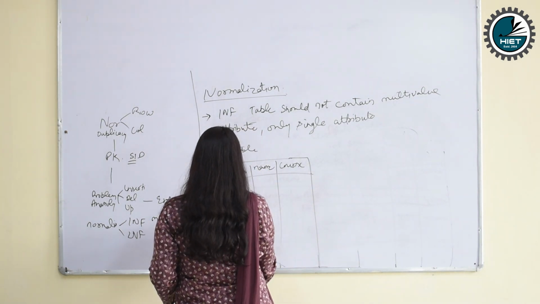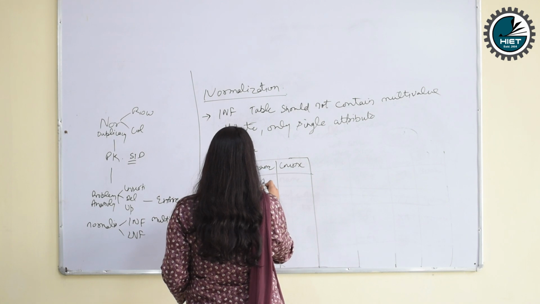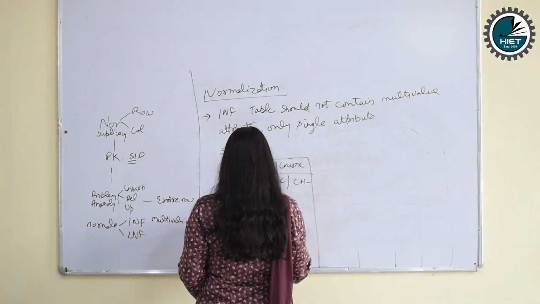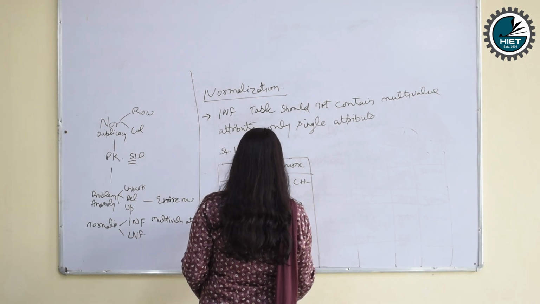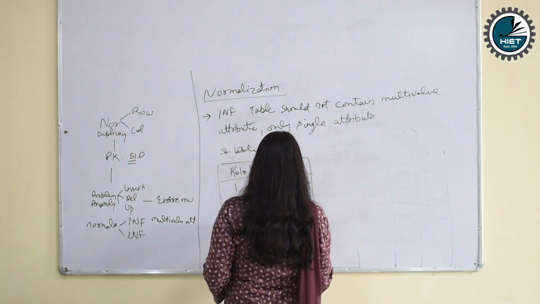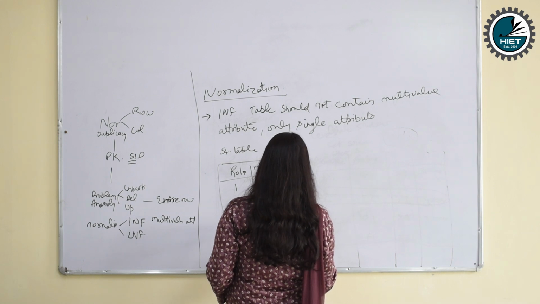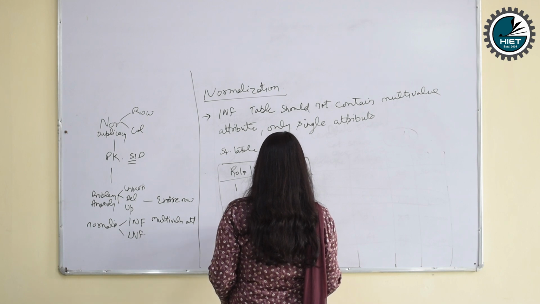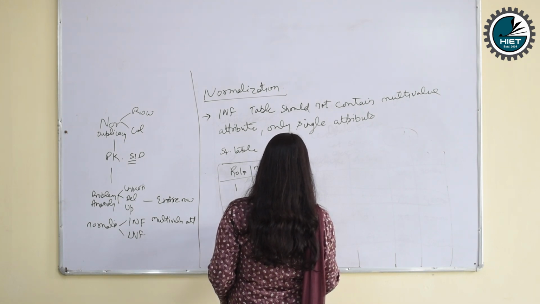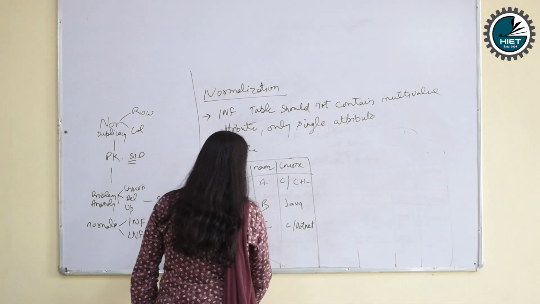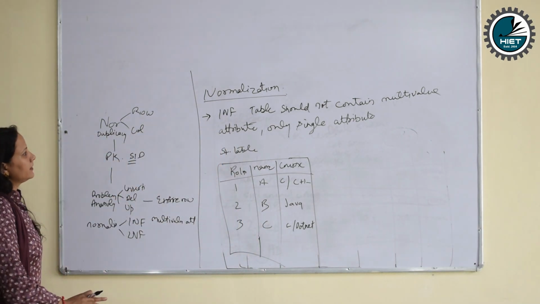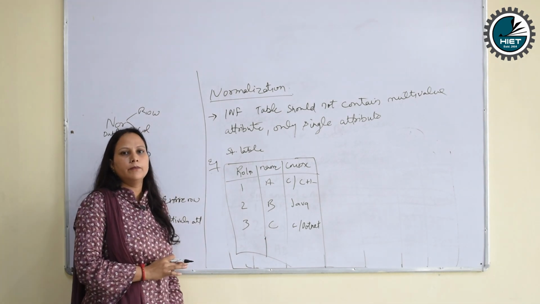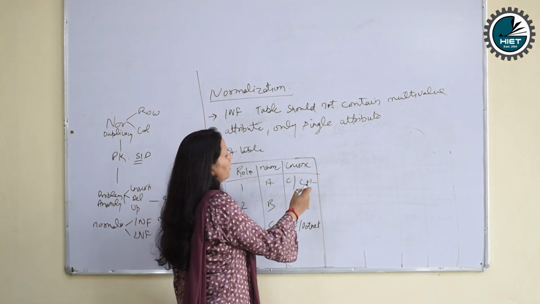Roll numbers 1, 2, 3, names A, B, C, courses C and C++, Java, C and .NET. This is the table, for example. But this table is not in 1NF because it contains a multi-value attribute.